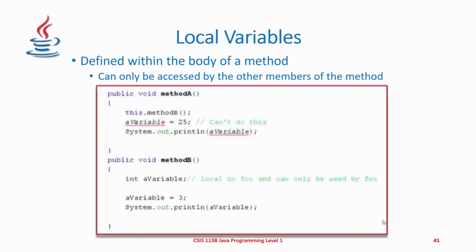But up in method A, even though it called method B, notice it is void, so it's not returning any value. It's doing its thing, but it's not returning any value to any callers. So up there in A, that's an illegal statement that would throw a compiler error.